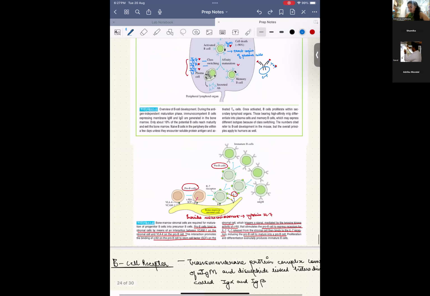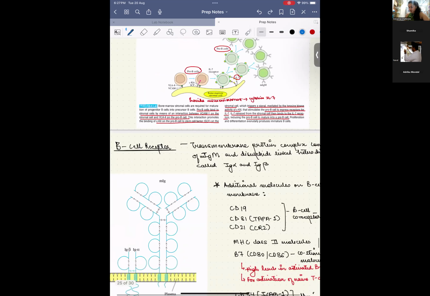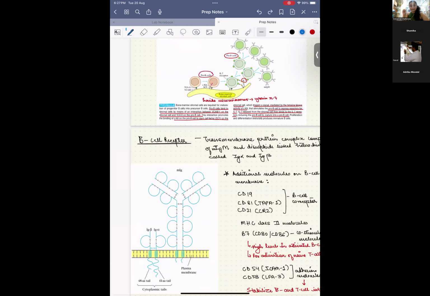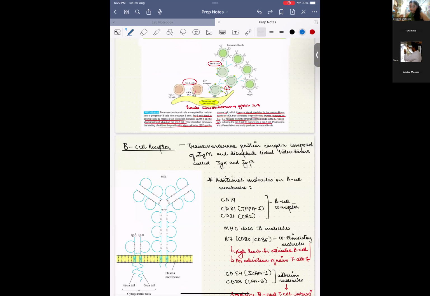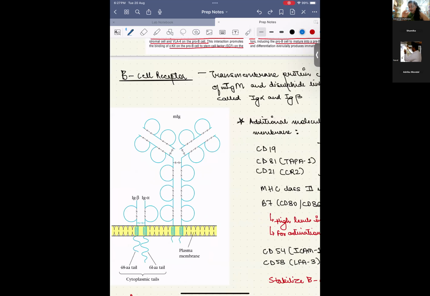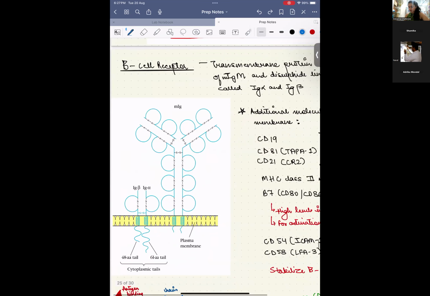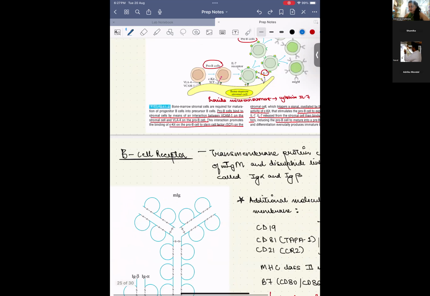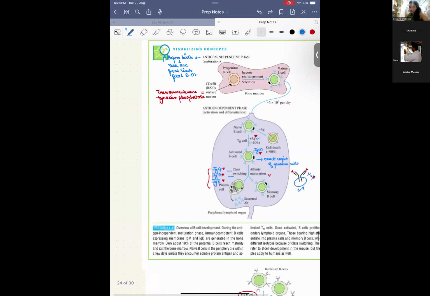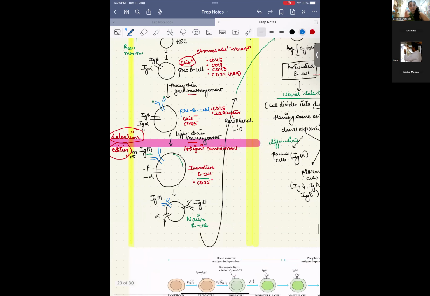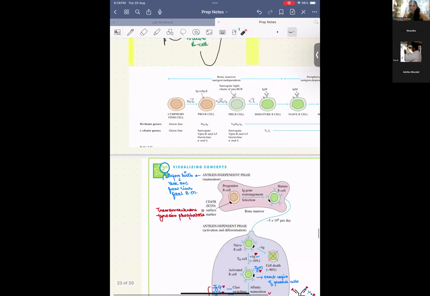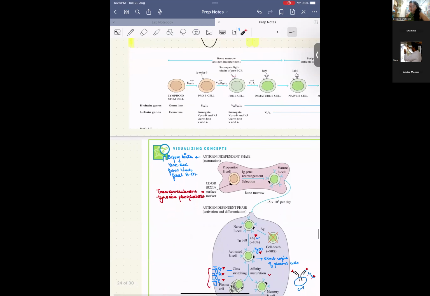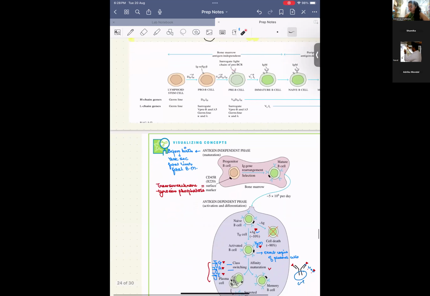Now, so far we were visualizing a single B cell having a receptor, which is the antibody molecule itself. And along with that, we just made these two lines here to denote that there are Ig alpha and Ig beta molecules associated with the B cell receptor, which in itself is an antibody molecule.